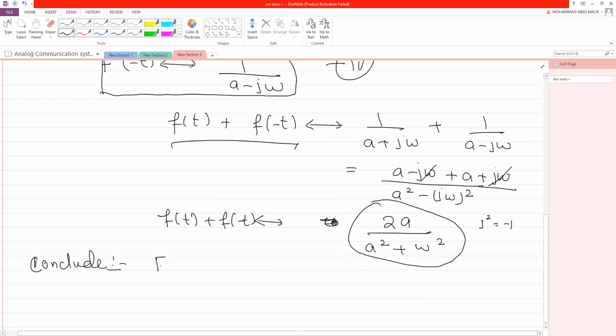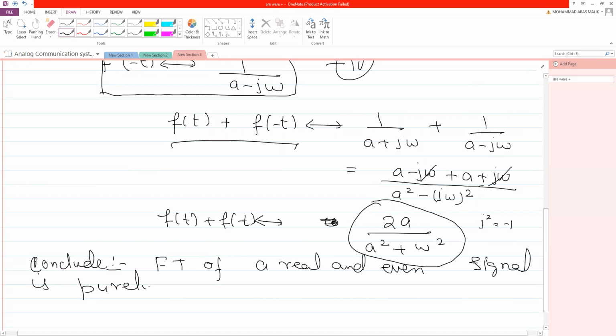The Fourier transform of a real and even signal in the time domain is purely real and even, because this is also an even function.